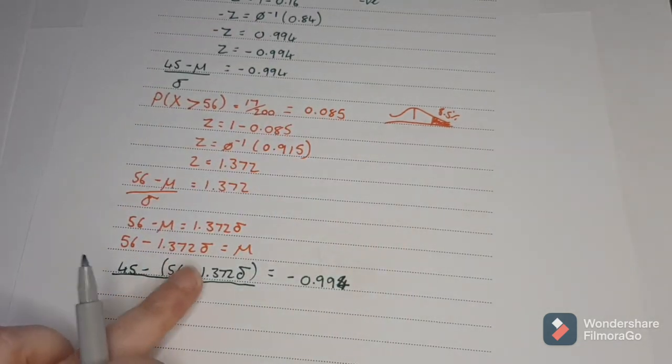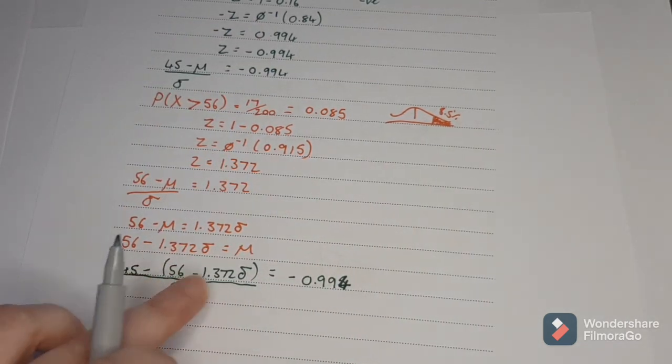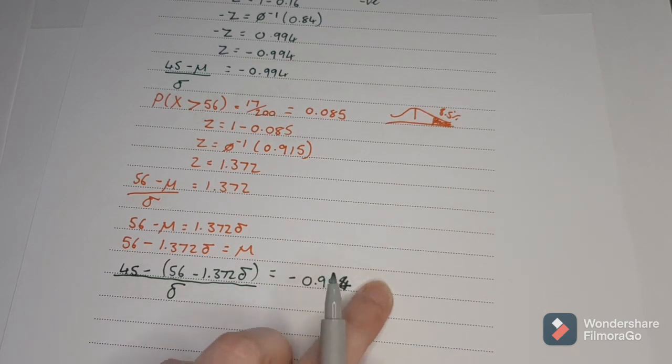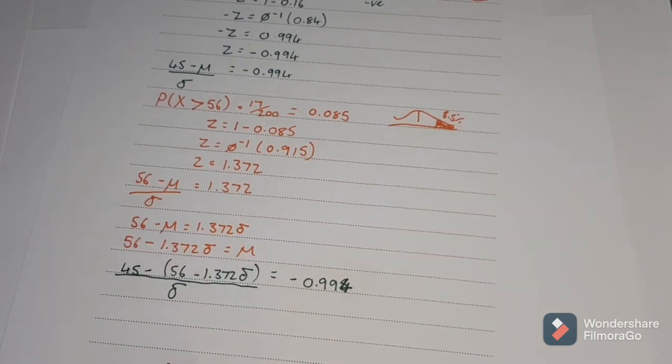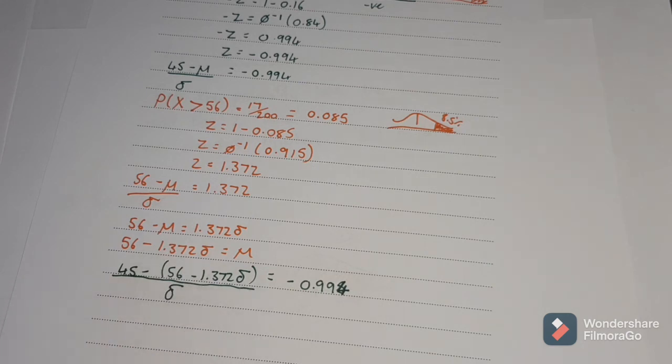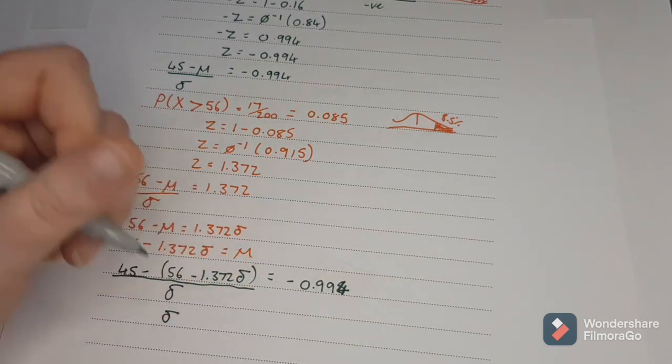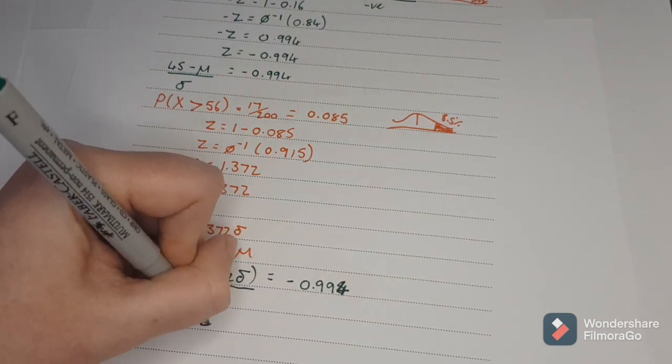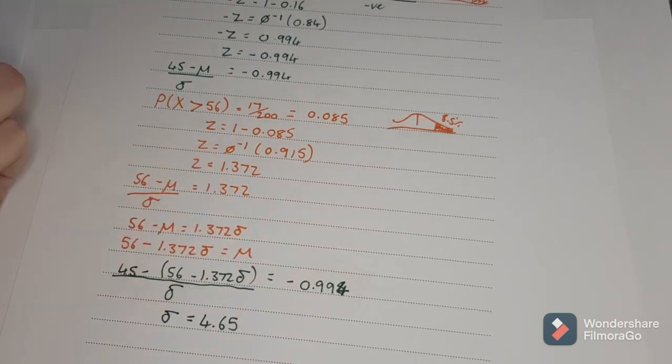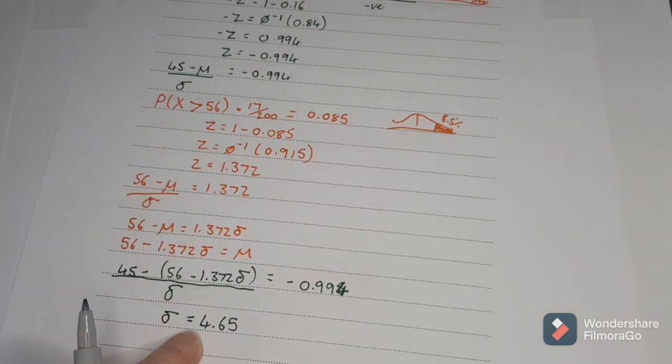And now I can just solve for that unknown. So I take that to that side, multiply in the negative, and I will eventually get my standard deviation by itself as 4.65.